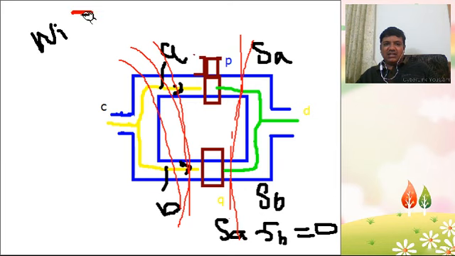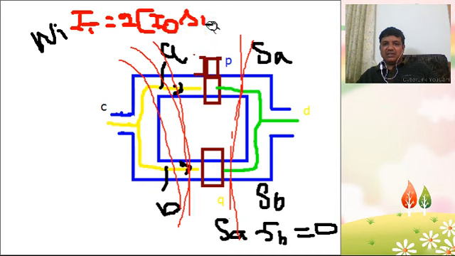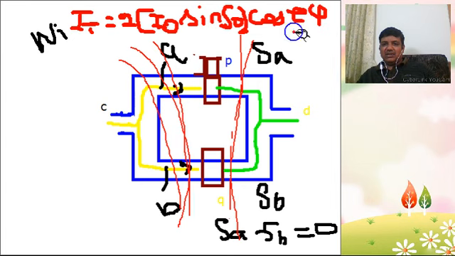And therefore the tunneling current I_T is equal to 2 I naught sine delta naught into cos of e phi by h bar c.